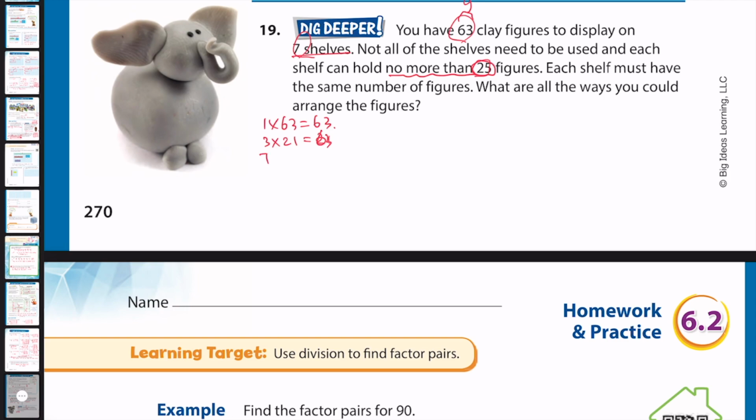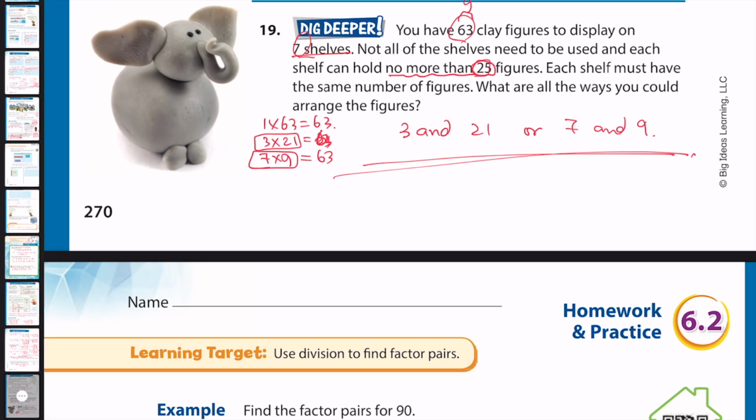Yes, 7 times 9 is 63. We know multiples of 7. So far, these 2 are found. What about 8? Can't be. 9 is repeating. So we found 3 and 21, or 7 and 9. That's it. 2 options they can use.